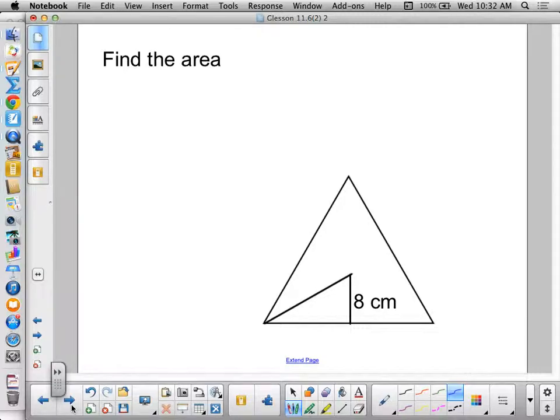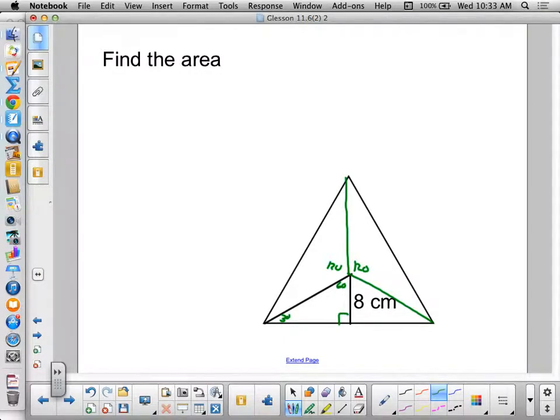But again, in an equilateral triangle, they aren't so bad because each triangle inside here, I mean, obviously each central angle, 360 divided by 3 is 120 each, right? So this angle here is going to be 60, 30, and 90.